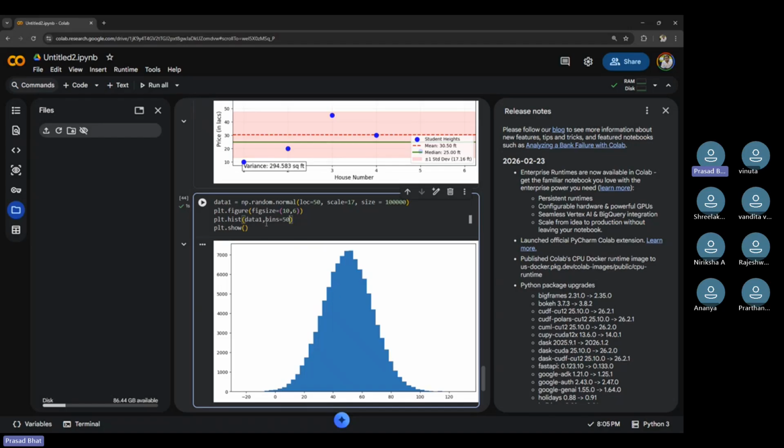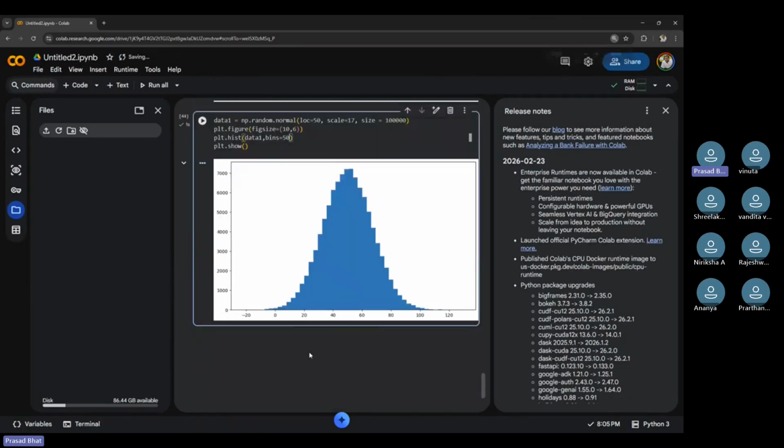It divides the entire range into what are called bins. Every step that you can see here is a range. In that particular range, it counts how many samples are falling in and plots them in the chart. That is what a histogram does.